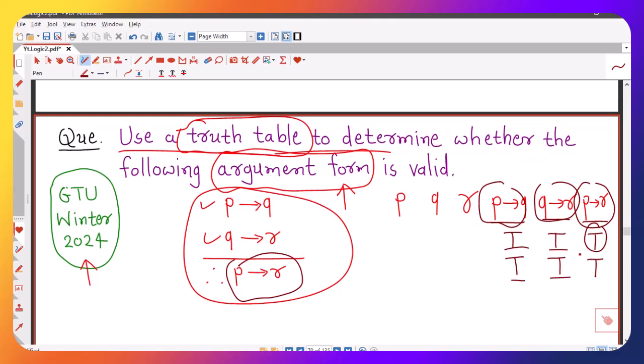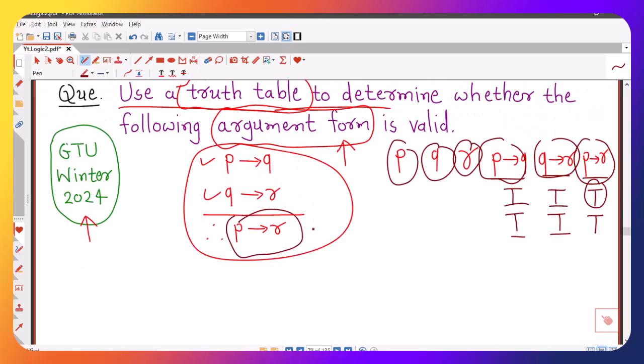So it is easy to check the validity of a given argument form using a truth table, but if the number of propositional variables becomes large, then this process becomes tedious. In that case, we can use rules of inference, which we are going to discuss one by one, to check whether a given argument form is valid or not.